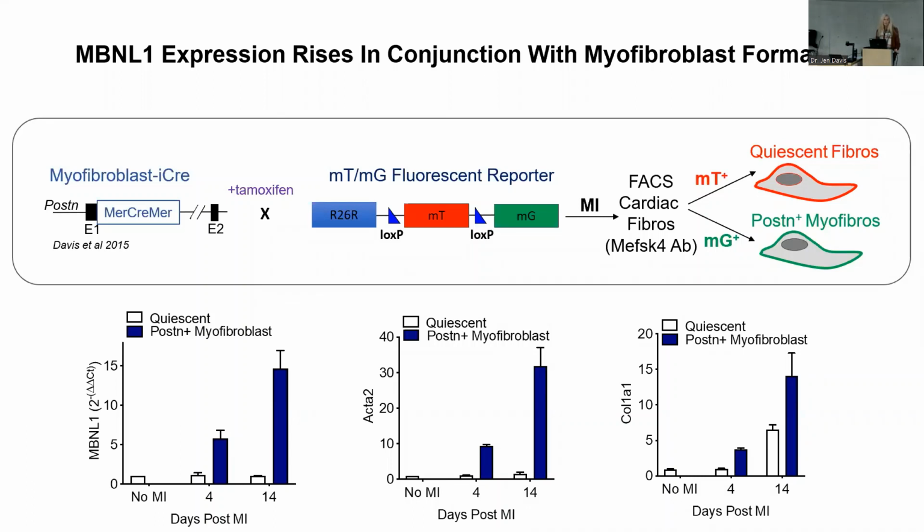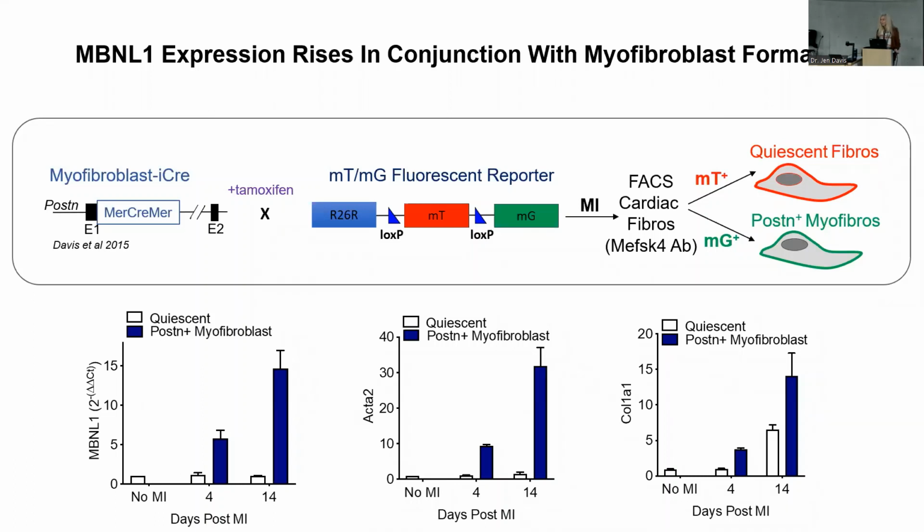In this Cre, a tamoxifen-inducible Cre cassette is knocked into the periostin locus, and then we cross that mouse line with one that has a fluorescent reporter on it. Basically, the offspring from these mice will label any cell that has become an activated myofibroblast with a permanent green fluorescent protein. So that allows us to track these cells over time in the heart.